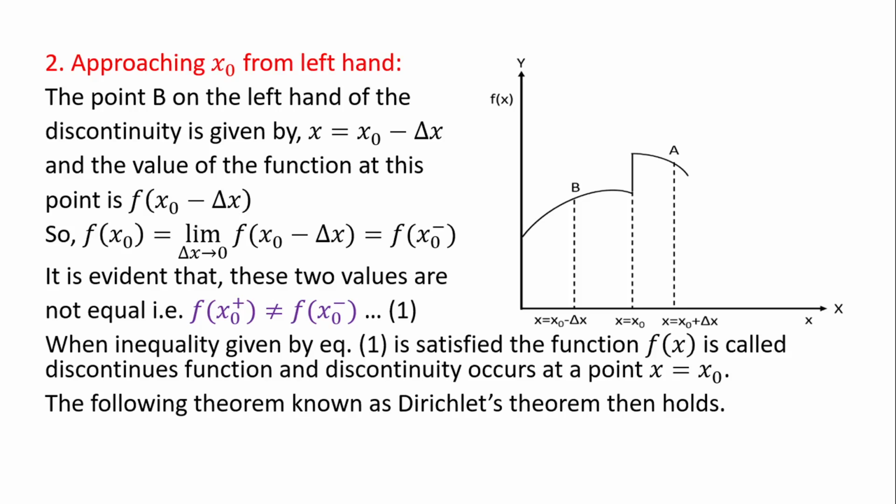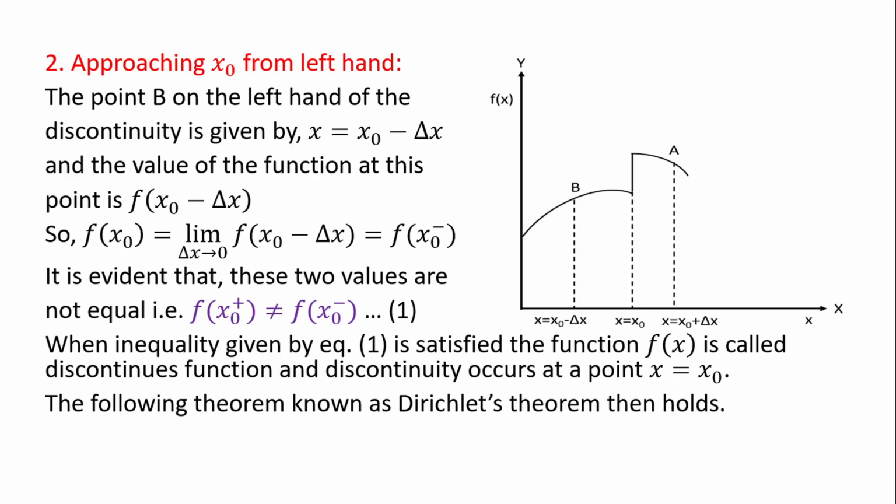So within limit, when delta x tends to 0, fx0 minus delta x will give rise to fx0, and let us call it as fx0 minus, since it is from the lower side of x equal to x0.